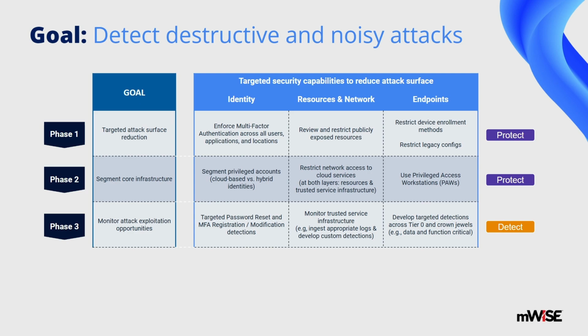But also, if we have file shares on-prem with sensitive data, or even in the cloud, having the right detections over downloads so that we're able to detect any exfil opportunities, for example. The end goal of phase 3 is to detect any destructive and noisy attacks as early as possible.